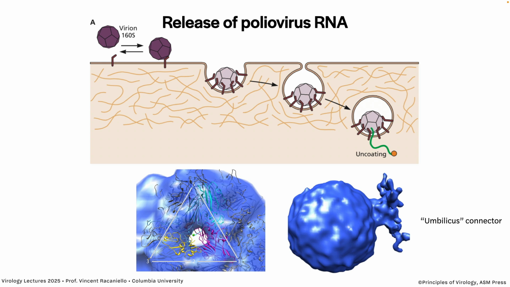Well, apparently a pore opens up on the capsid surface. Here's the 5-fold, the 3-fold and the 2-fold axis. That's a pore that opens up. It's catalyzed by the receptor, and it forms an umbilicus. So the membrane of the cell would be here. This is the virus particle, and the RNA would be coming out. So the receptor alone, interestingly, is able to do this.